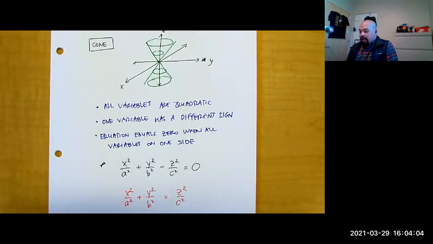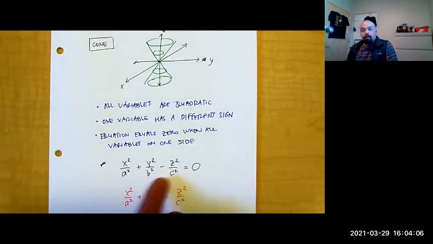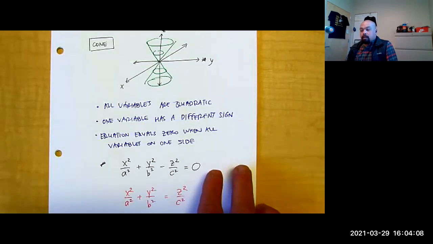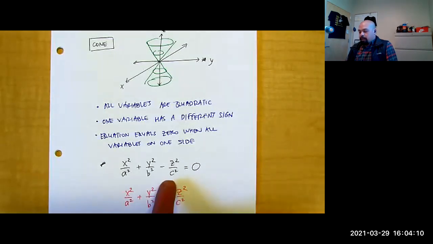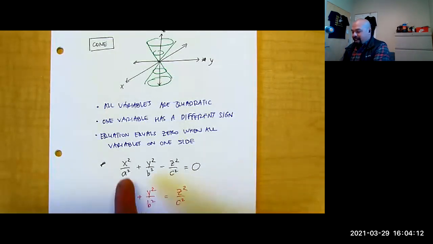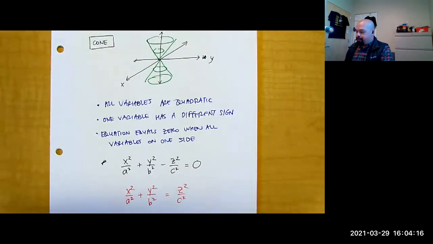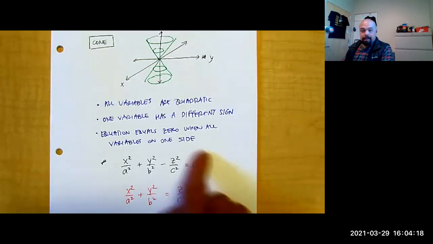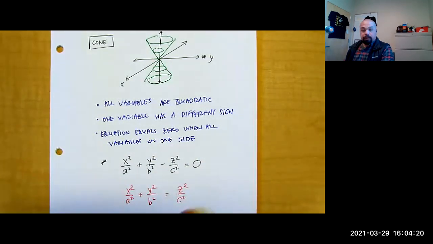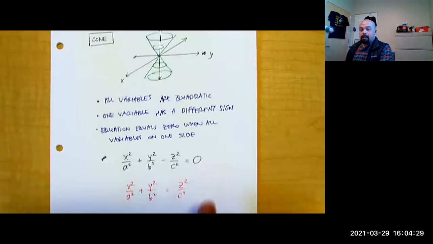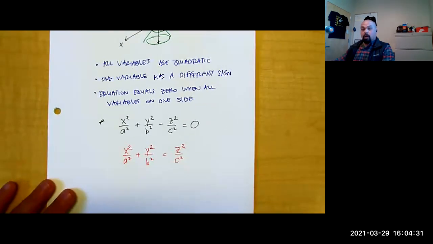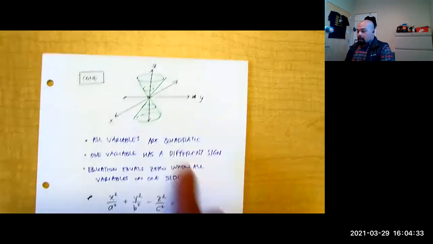Similarly, if these two are negative and this was positive, add those two terms over so that we get positive z squared over c squared equals, now both positive, looks just like this. So in that format, all of our variables quadratic, two have the same sign, one has a different sign, equal to 0, we'll get that cone shape.